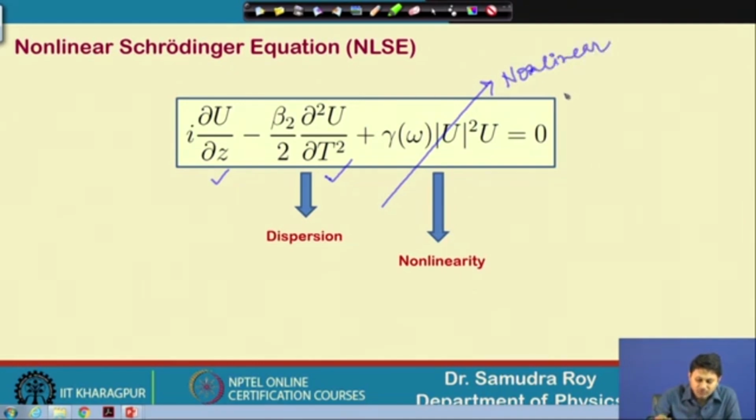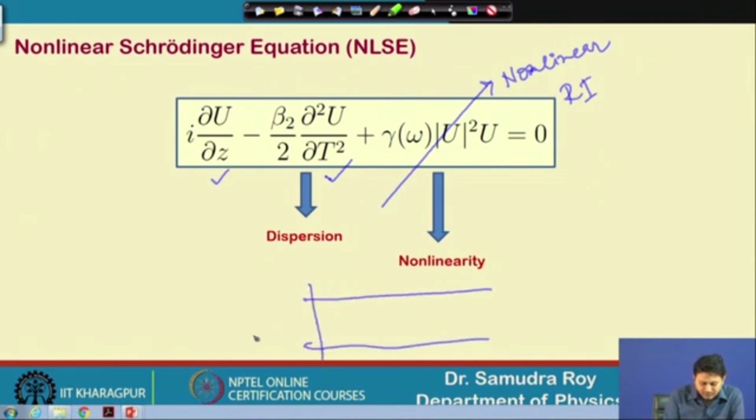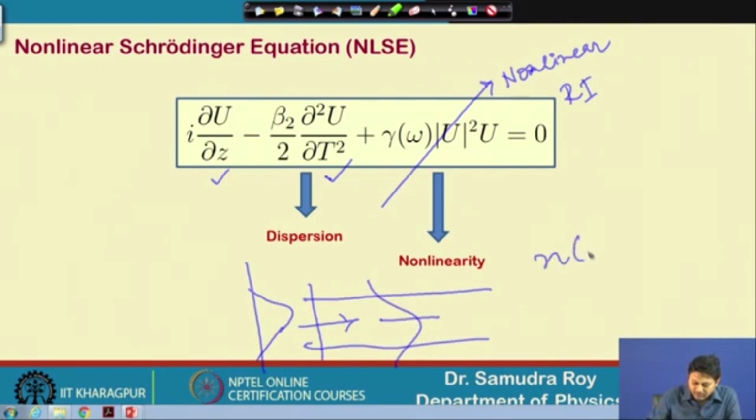This is coming because of this nonlinear refractive index. So, when an optical pulse is moving in a system, it changes the refractive index with the law n of omega, I equals n0 of omega, this is the frequency component, plus n2 I, the Kerr effect.